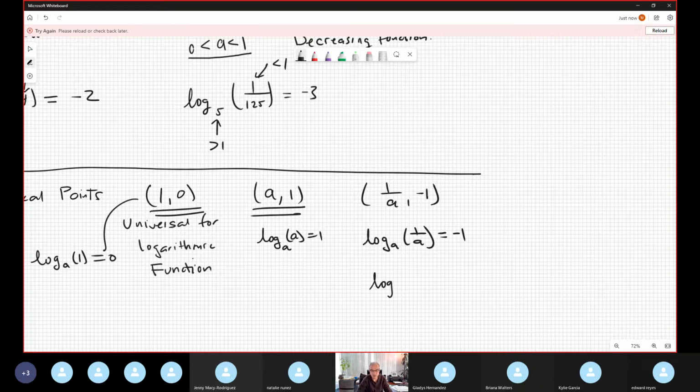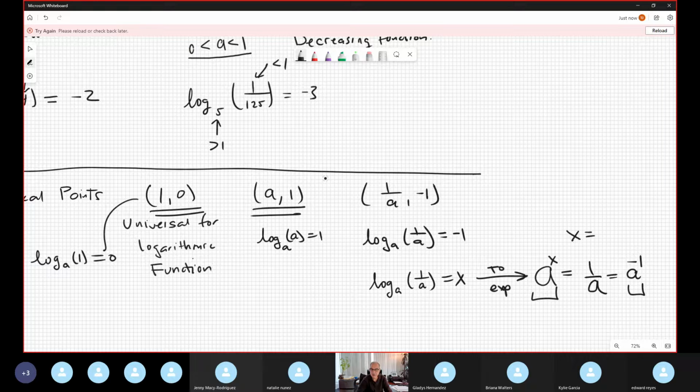Suppose that I don't know the -1. You put x and convert to exponential. The base is a, I copy the a. The exponent, I have no idea. Equal 1 over a, and this is a to the -1. Therefore, in exponential form with the same base, x is equal to -1. And this is the typical point.